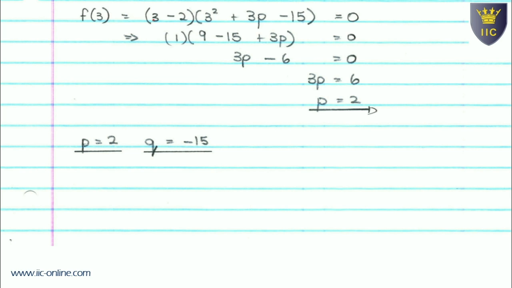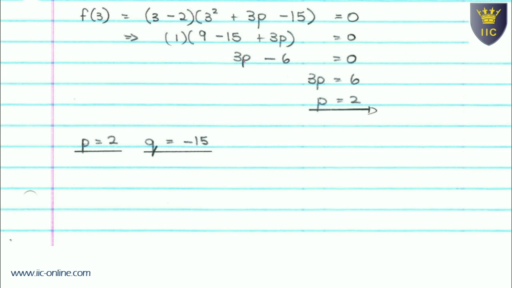So let's carry on from there. 3 minus 2 gives us 1, and 3 squared gives us 9. I've taken this minus 15 over to the left. I like having these two terms together, plus 3p. Now 9 minus 15 gives us minus 6.